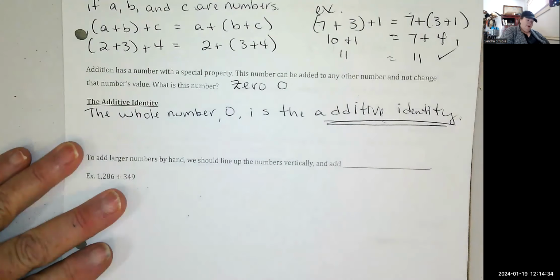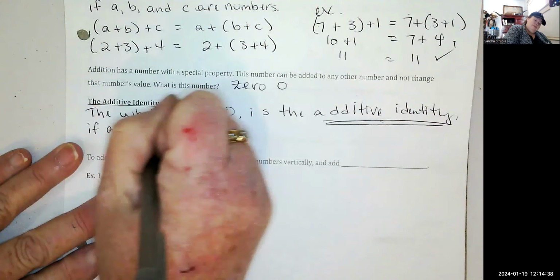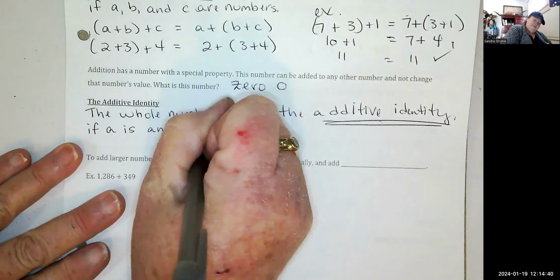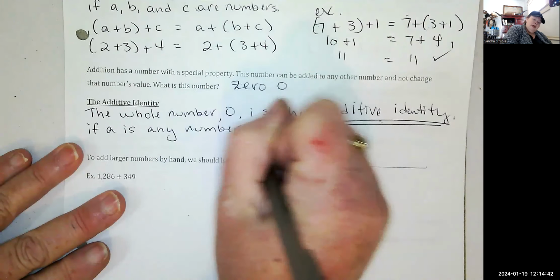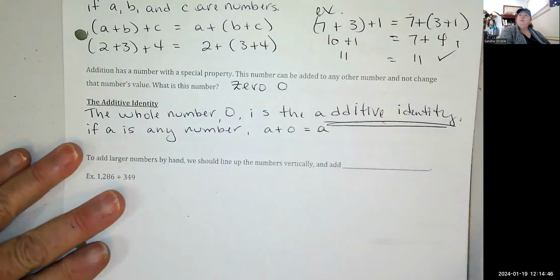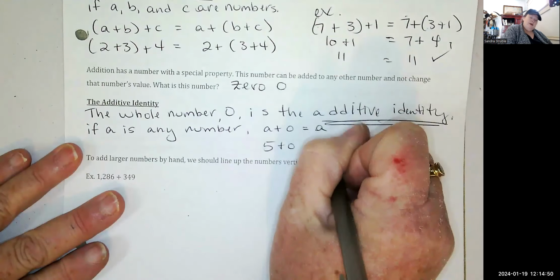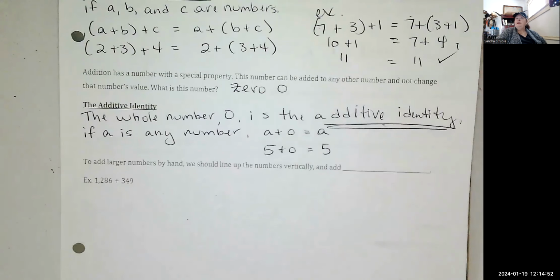If A is a whole number, if A is any number, then A plus 0 is equal to A. Here's your example. 5 plus 0 is equal to 5. That's it.